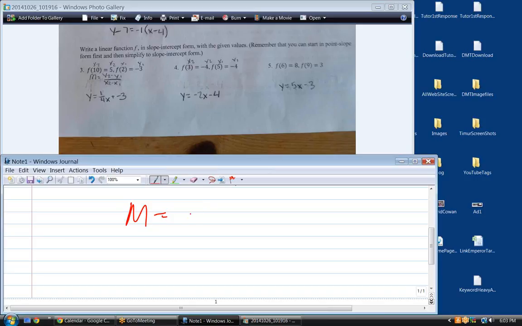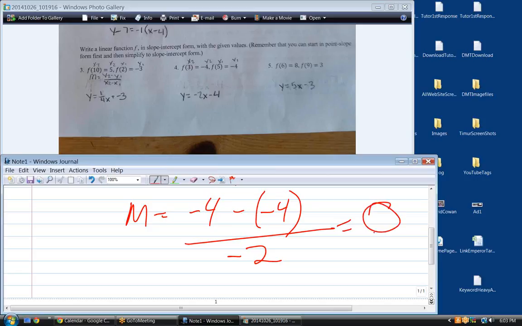So it'd be negative 4 minus a minus 4 over 3 minus 5. Which is? Negative 2. What's the numerator? It'd be 0. So whenever the numerator is 0, the answer is 0, regardless of what the denominator is.